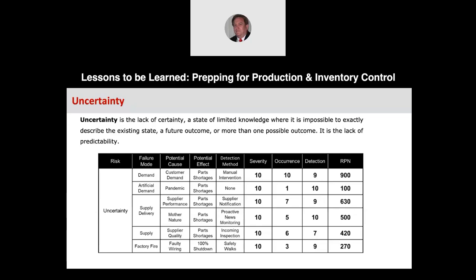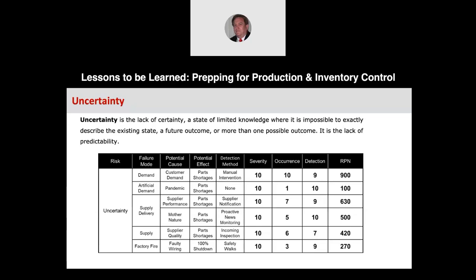Mother Nature, which could shut down a tier 1 or tier 2 supplier, or even your own manufacturing facility. Supplier quality, and like here, a factory fire. It could be called a fault in wiring. The potential effect is 100% shutdown for a long period of time.